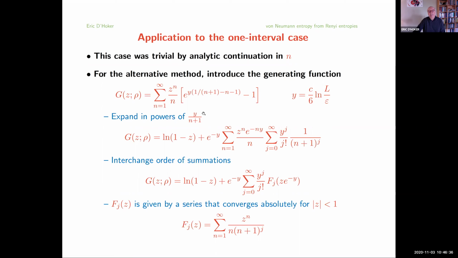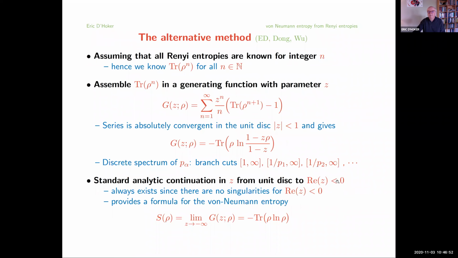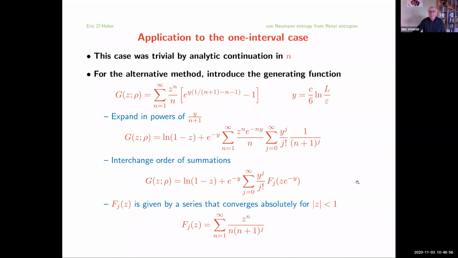The formula for the Renyi entropies was given by, remember, this combination of the exponential of y, and then 1 over n minus n, but here we have to shift by 1 because of this entry here. And y is still this combination that I'm just going to abbreviate.